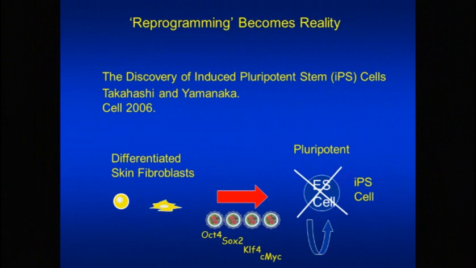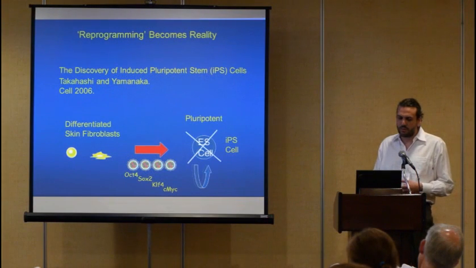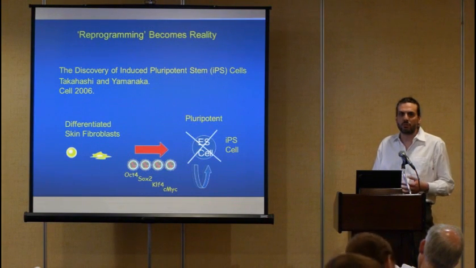Transcription factors are DNA-binding proteins, and they're very important because they can control the expression of a lot of genes. We saw that by infecting these cells, overexpressing 4 transcription factors in somatic cells, we could derive a pluripotent cell. And that was a major discovery.